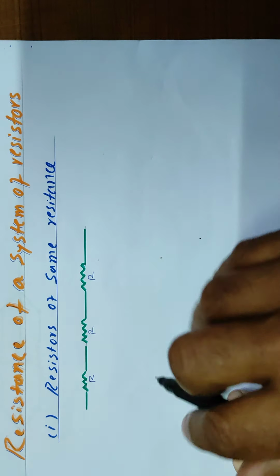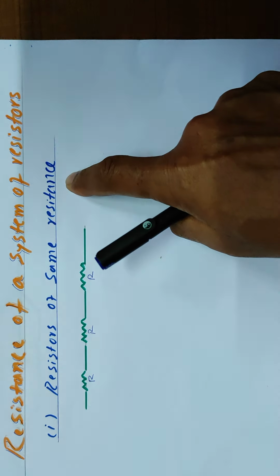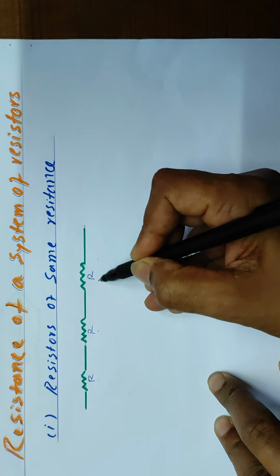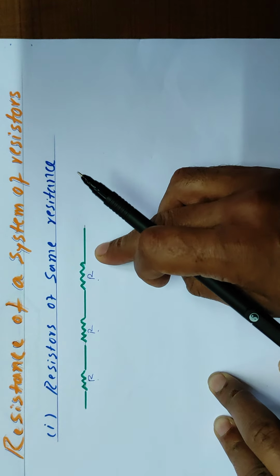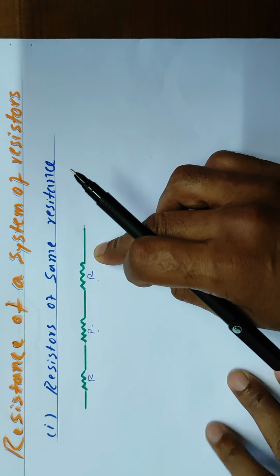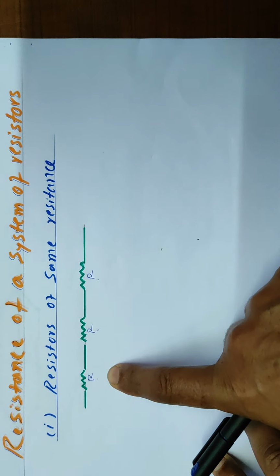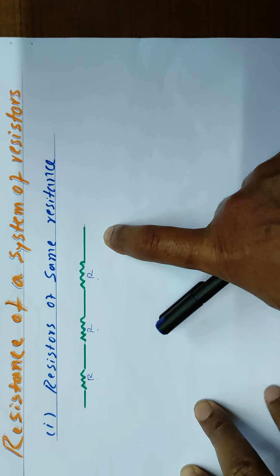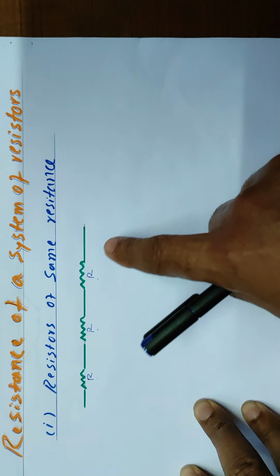Here, three resistors of same resistance are connected in series. See here, R. That means the resistance of all the three resistors are same. Dear students, you know that the equivalent resistance of the series combination is equal to the sum of the individual resistances.